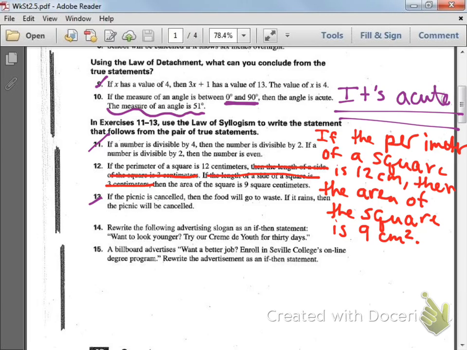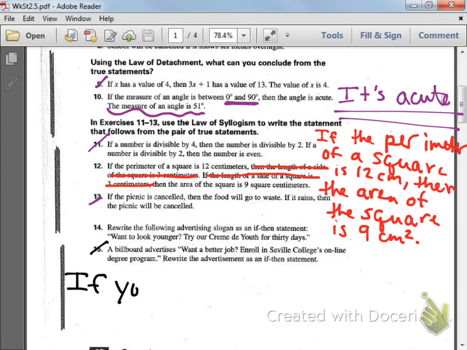All right. Again, we're just doing those evens, so jump down to 14, and that should be our last one because 15 is odd. So this says, rewrite the following advertisement slogan as an if-then statement. Want to look younger? Try our Cream Day Youth for 30 days. So I'm going to rewrite that advertisement using the words if and then. So if what? What has to happen first?